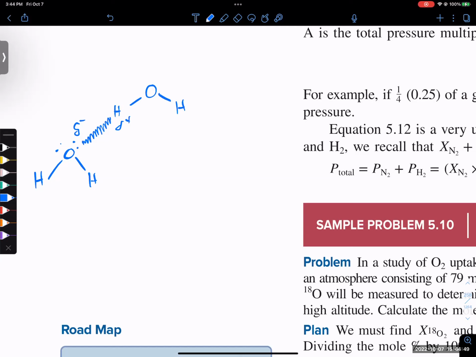But if you were to increase that sample of water vapor to say 500 degrees Celsius, they're going to be moving so quickly that they don't even have enough time to interact with each other, so they're going to stay in the vapor phase, and they're going to act like a very ideal gas. All right. Does that make any sense?